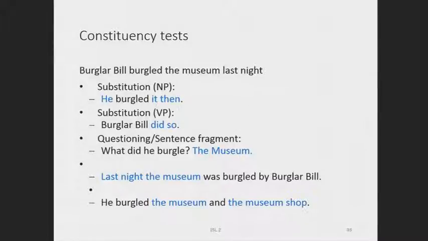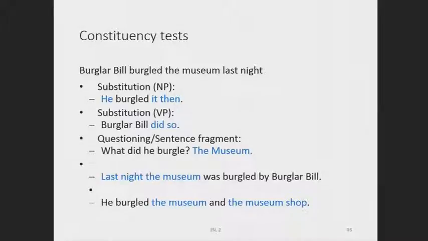So this is the question or sentence fragment test. So can this bit stand on its own as one fragment as the answer to the question? So for the museum, I can also ask who burgled the museum last night? Burglar Bill. But it's very difficult to ask, for example, for the or Bill burgled. There's nothing that Bill burgled can be the answer to. So Bill burgled probably is not a constituent.